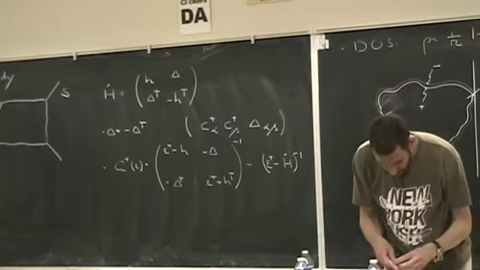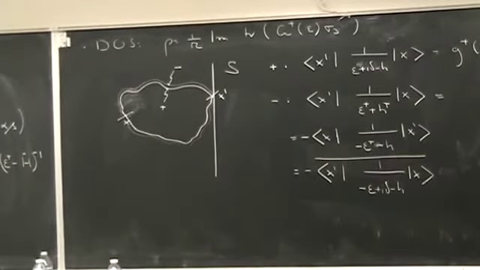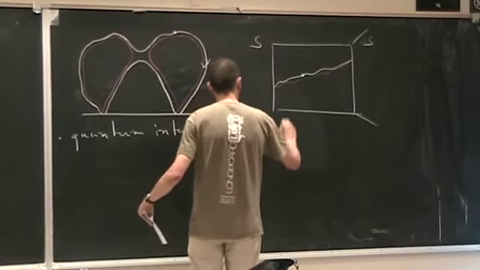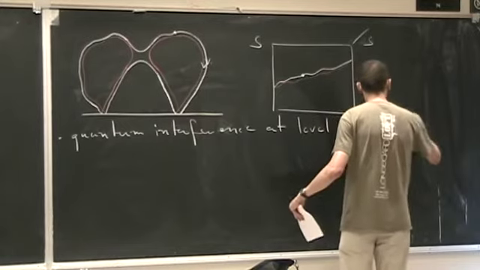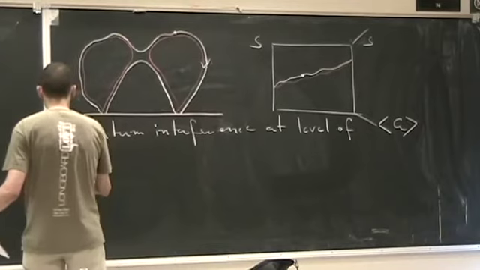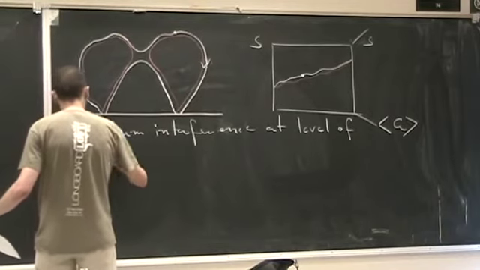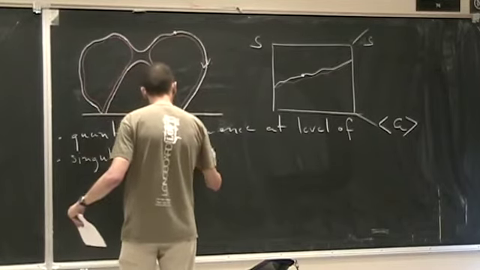Good. So what are the take-home messages from here? We have quantum interference at the level of a single Green function, and we anticipate singularities in the limit epsilon going to 0.